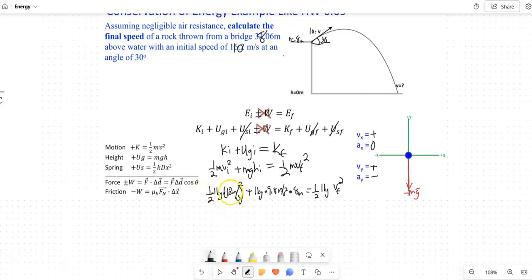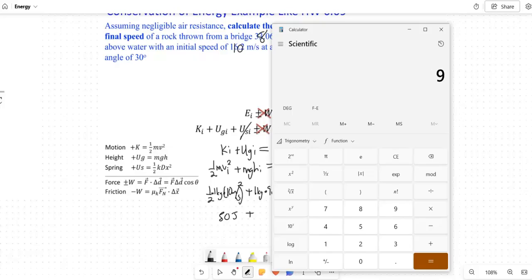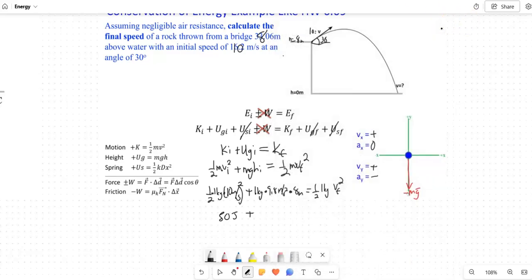So this looks like it's going to be 100 divided by 2, which is going to be 50 joules. This is going to be 9.8 times 8 meters times 1 kilogram, 78.84 joules, and that's equal to 1/2 kilogram, or 0.5 kilograms, v final squared.